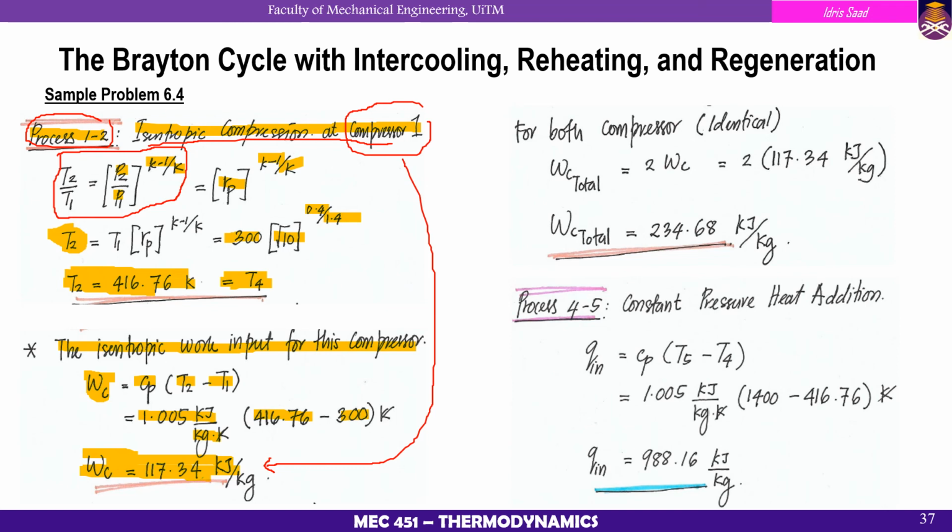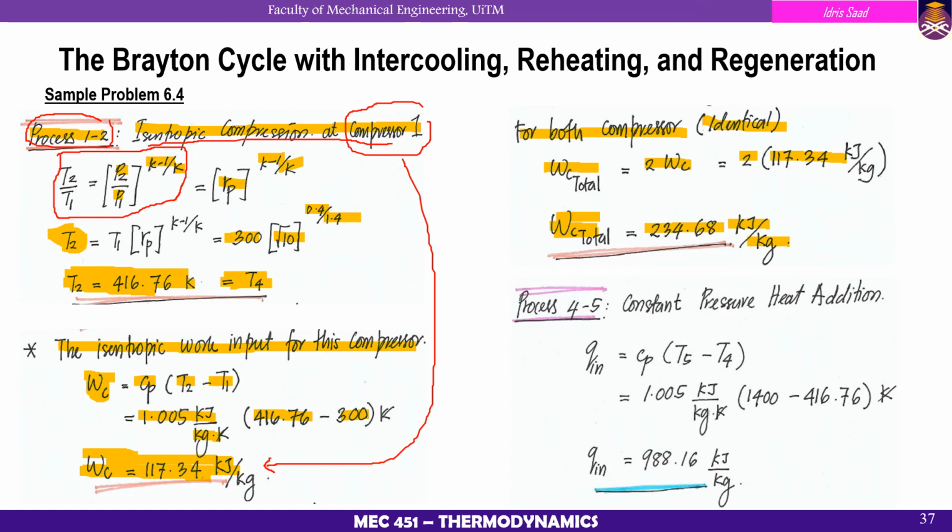Now we have two compressors, and because they are identical, the total work of the compressors is 2 times the work of one compressor, so 2 times 117.34. The total work consumed by the compressors is equal to 234.68 kilojoule per kilogram.